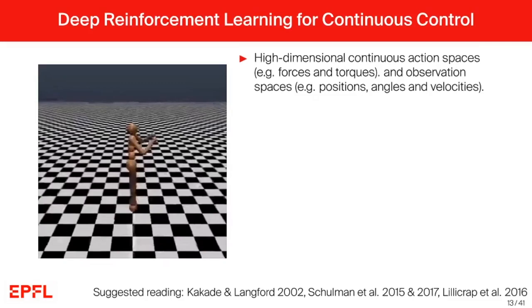What is special about this domain for reinforcement learning is that the action spaces are pretty high dimensional. So it's individual forces and torques that can be applied at the different joints of the body parts, as well as the observation space, which consists of positions, angles, and velocities of the different body parts.